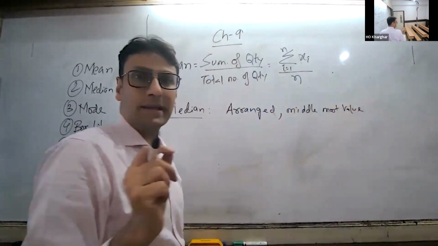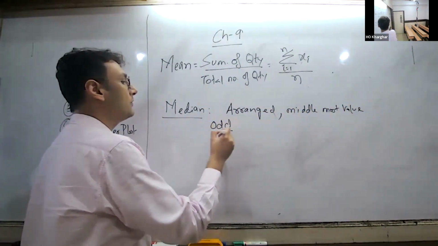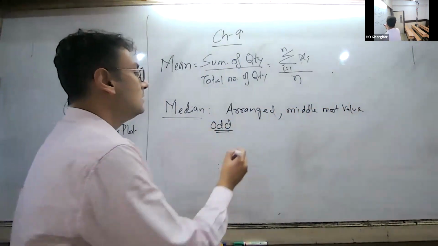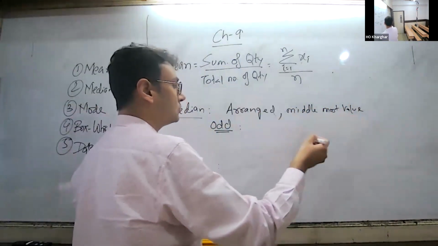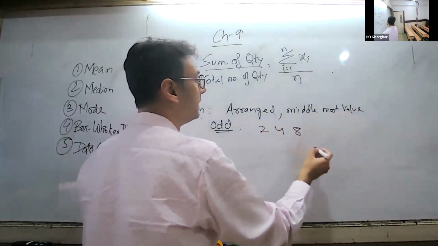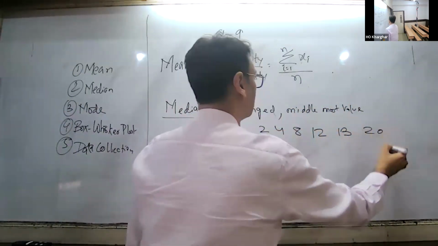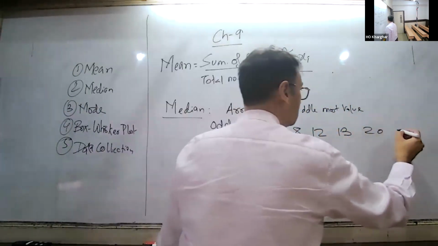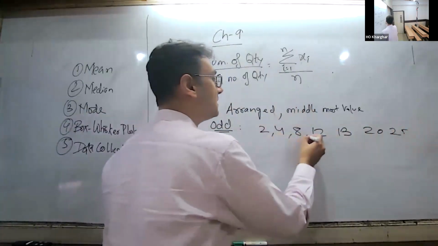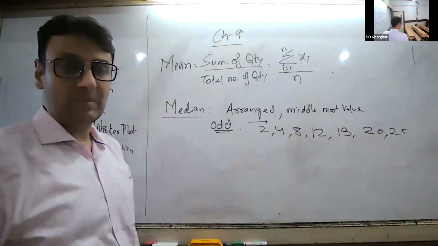But here is a small catch. Let's say I have an odd number of observations in my set. Let's say those data points are 2, 4, 8, 12, 13, 20, and 25. If you see, these values are already arranged in ascending order from left to right.